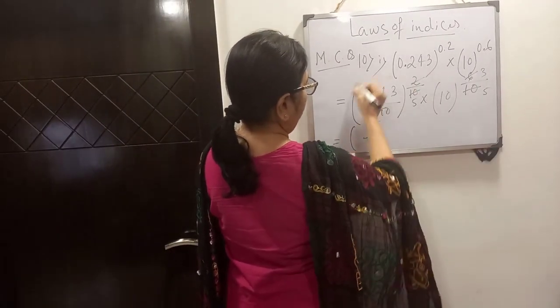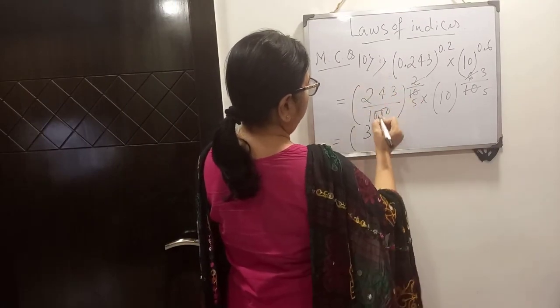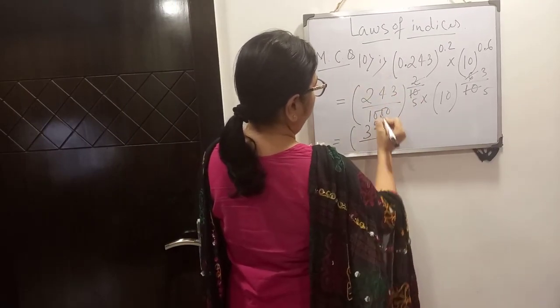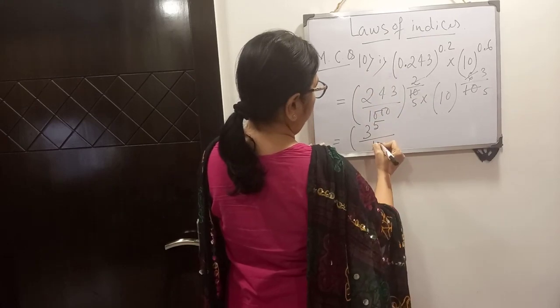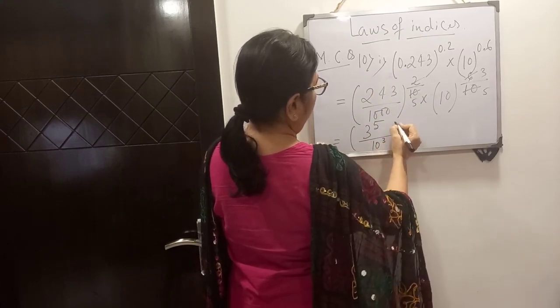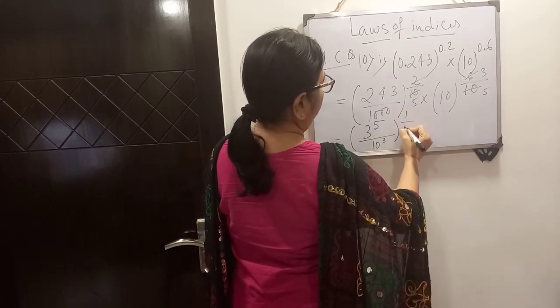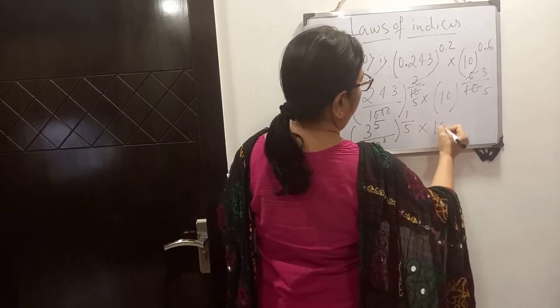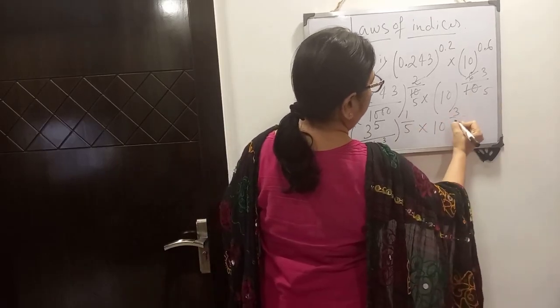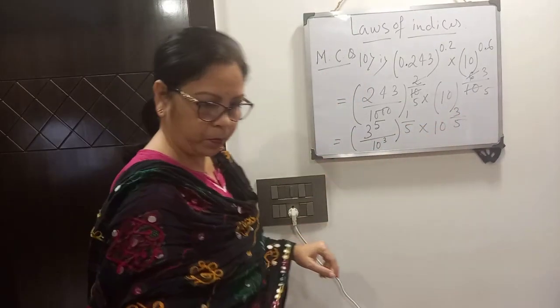You will find the prime factorization of 243 and get 3 to the power 5, and in the denominator we have 10 cube, so this is 1 by 5, and there is 10 to the power 3 by 5.